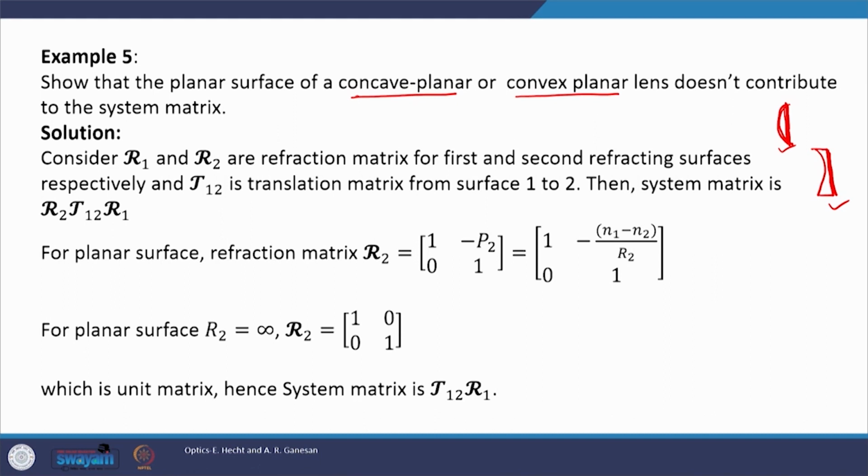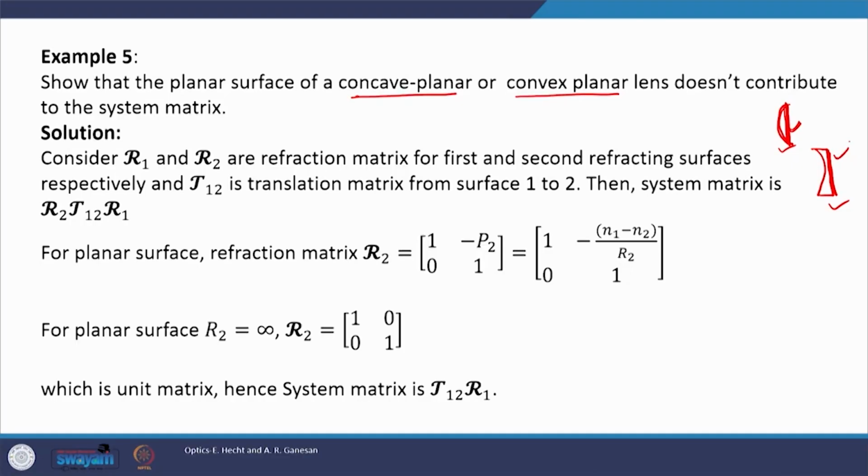The multiplication of this matrix with the system matrix will not alter the system matrix. Therefore, ultimately we will have to show the matrix for this planar surface is a unit matrix.